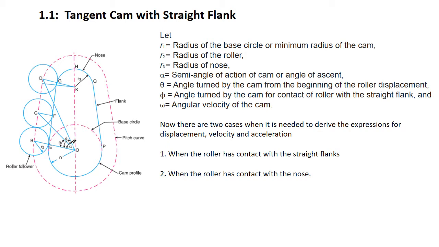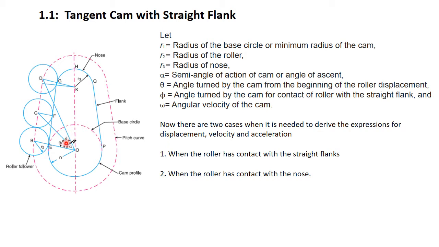When the cam moves on the profile, the roller moves on the surface of the cam, we can see that when the point of contact is at E, the roller follower does not have any displacement, but as it moves ahead, the displacement goes on increasing, and up to this point H, the displacement goes on increasing, and the angle turned during this is called the semi angle of action or angle of ascent, right?